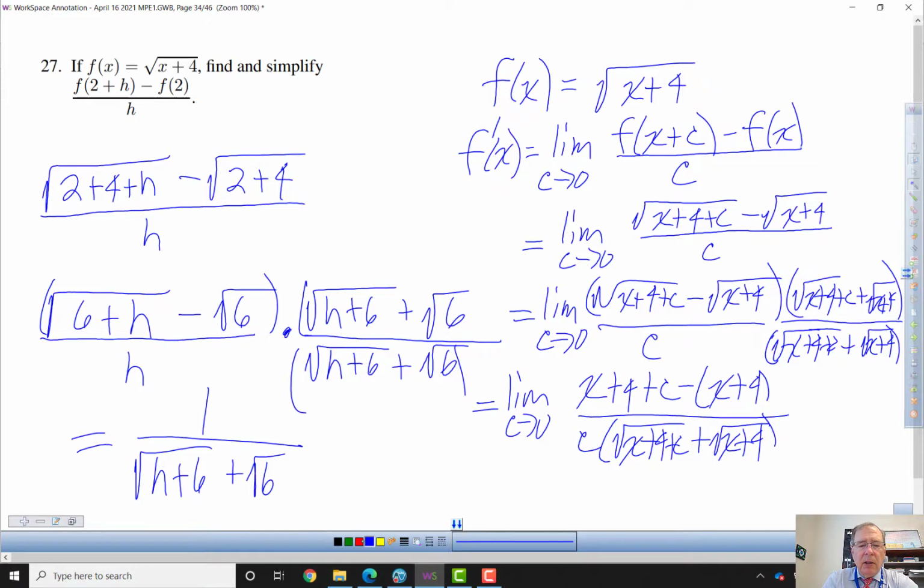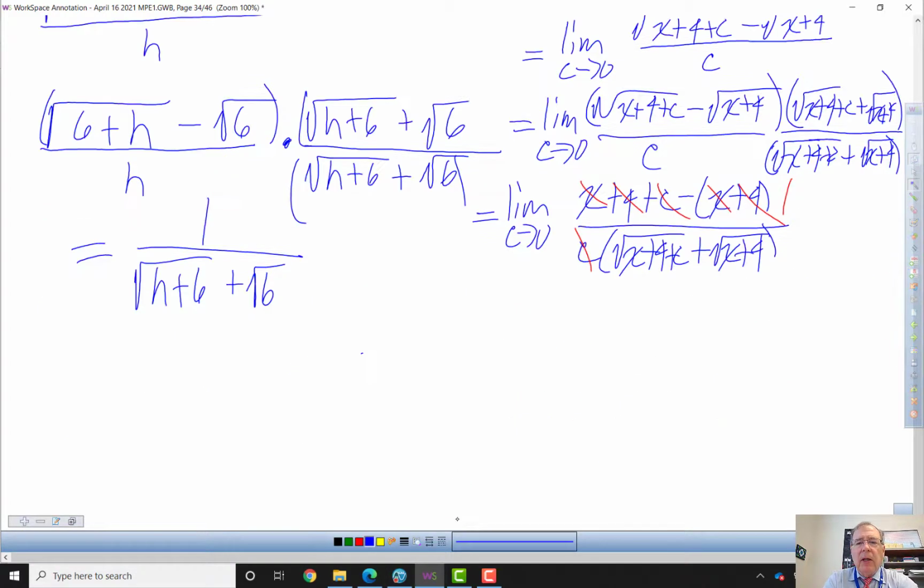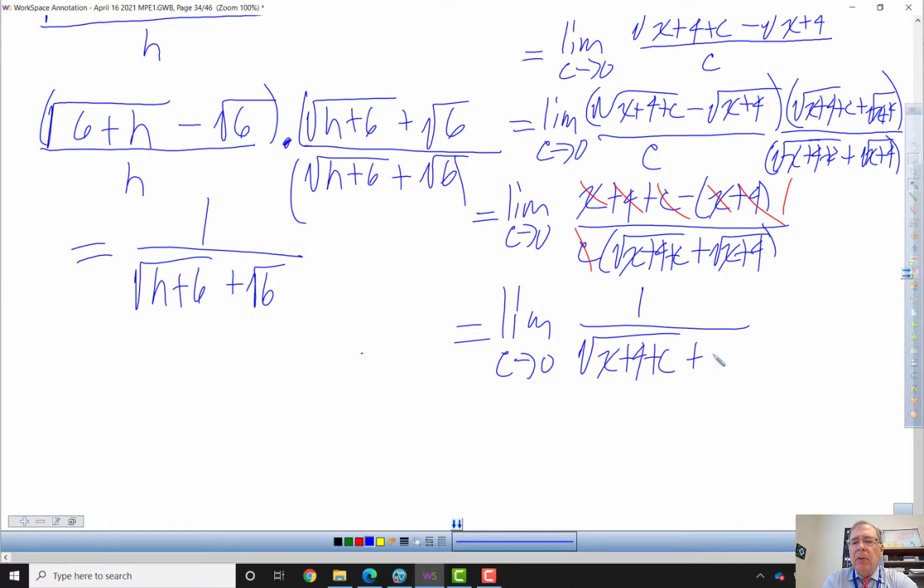So the x cancels, the 4 cancels. I can then cancel the c to a 1. So I end up with the limit as c approaches 0 of 1 over the square root of x plus 4 plus c plus the square root of x plus 4.